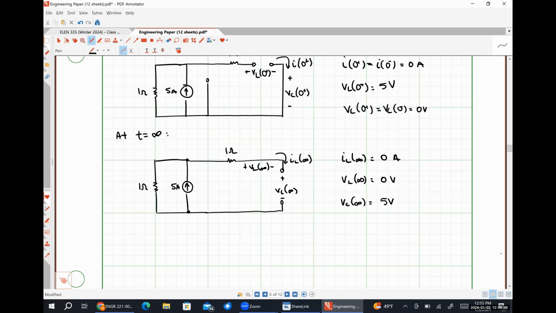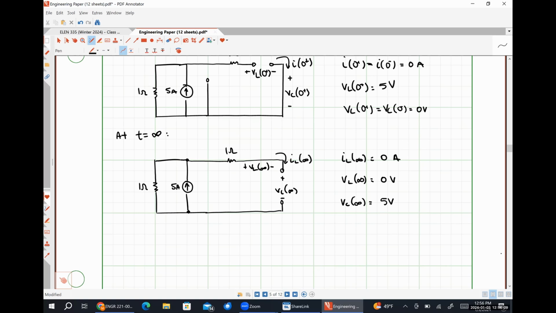The positive polarity terminal of this voltage could be slid all the way over here without any issues because there's no voltage drop anywhere along here. The negative polarity terminal is over here, so VC is the same thing as the voltage drop across the 1 ohm resistor on the left, which is just 5 volts.